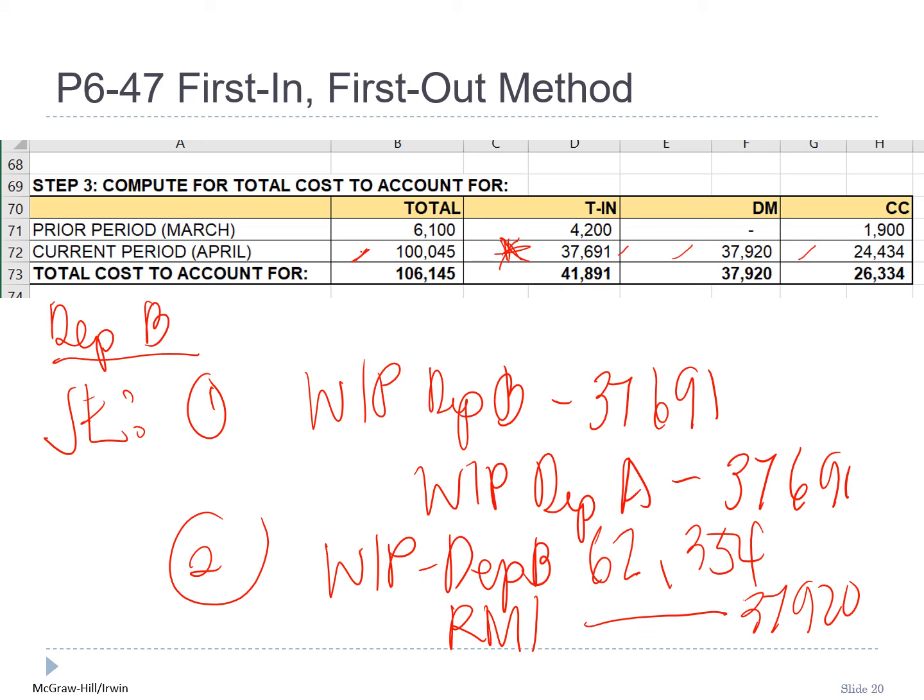Tapos, credit ako ng, actually, dapat wages and salaries payable and factory overhead applied. So, wages and salaries payable and factory overhead applied. Kaya lang, ginagsama na kasi doon sa problem. So, ito yung 24,434. So, ang ini-entryhan lang yung current period cost. Kasi itong 6,1 na to, na-entryhan na yun last month dito sa entry na ginawa natin sa step 2. I mean, hindi itong 62, pero yung amount na additional cost doon sa last month sa Department B din. Ayan.